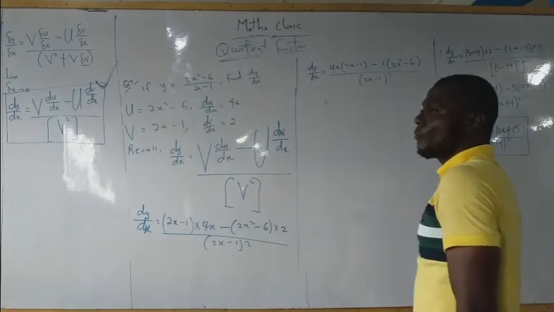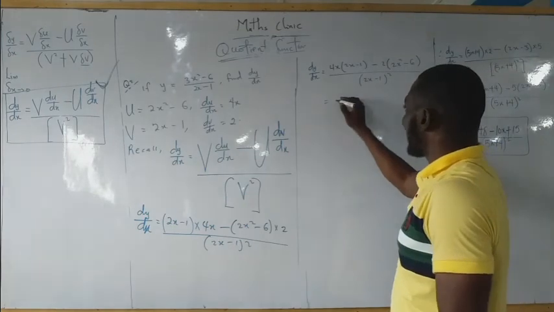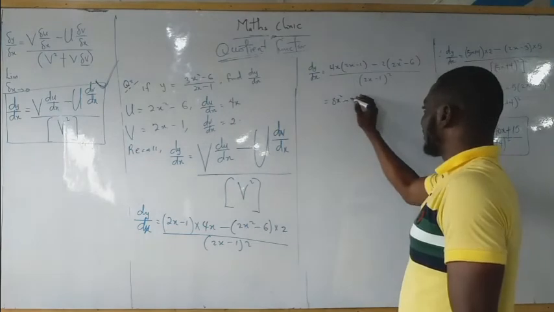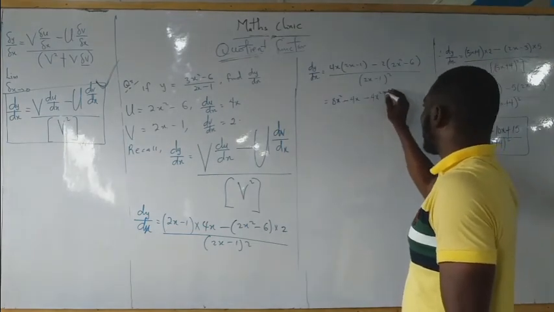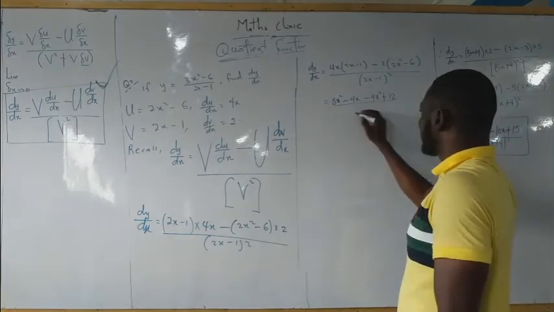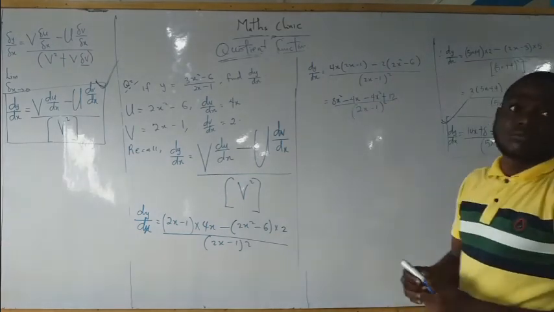Now open the bracket. 6x times 2x is 12x squared, minus 6x, minus 6x squared plus 12, everything over 2x minus 1 all raised to power 2.